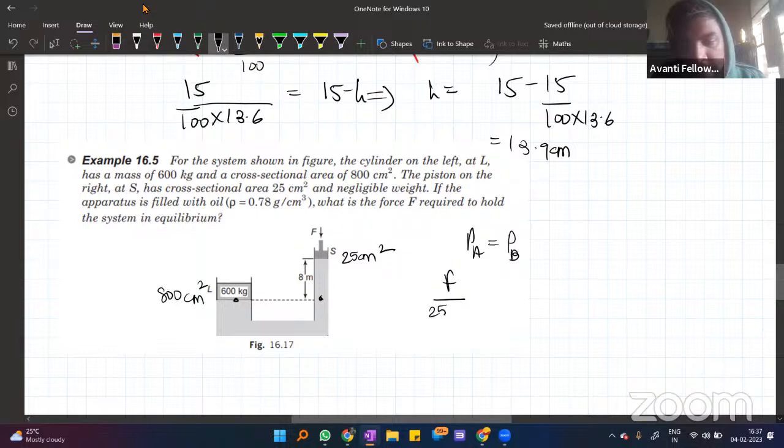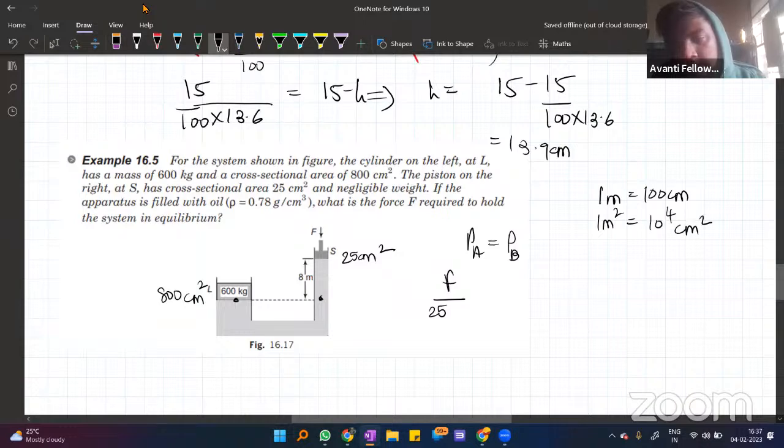Take the gauge pressure, that will be equal to pressure at this point, that is force by area. Area is 25. 1 meter is equal to 100 centimeter, right? So 1 meter square will be equal to 10 to the power 4 centimeter square. So if I have to convert centimeter square into meter square, I just have to multiply by 10 to the power minus 4, plus rho g h. I'm going at a depth, right?